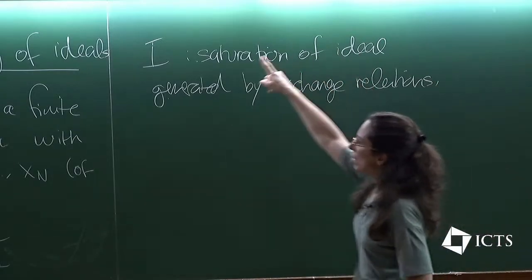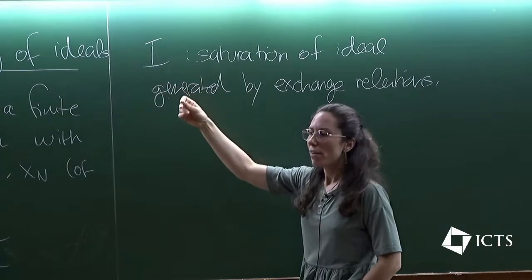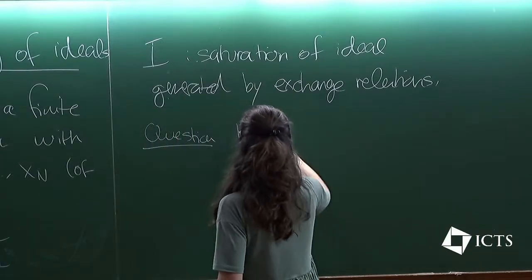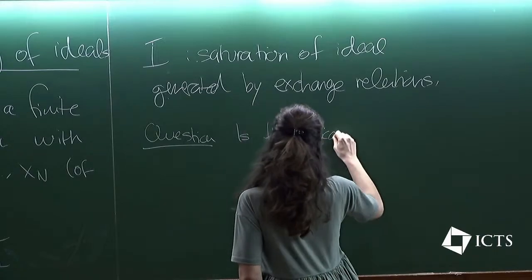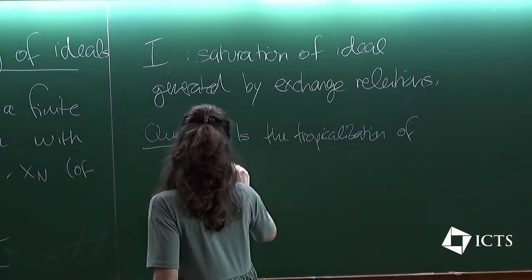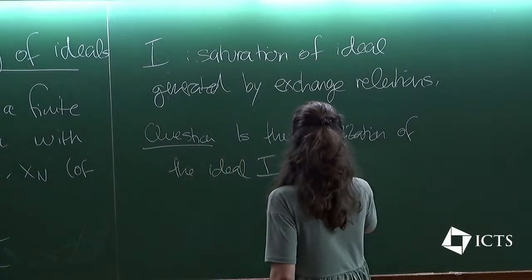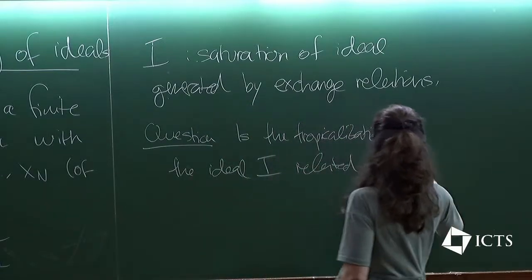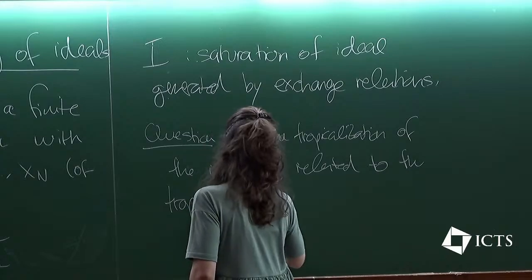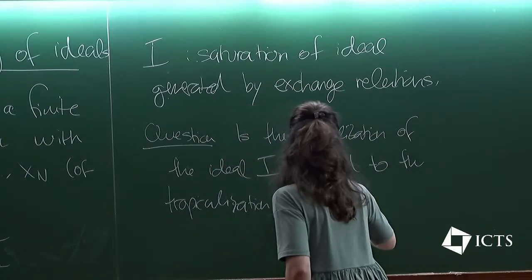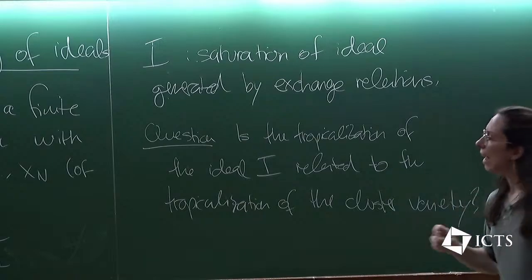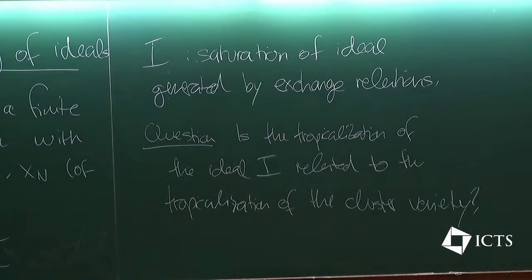And there is a theory of tropicalization of ideals, and a very naive question is: is the tropicalization of the ideal I related to the tropicalization of the cluster variety? And the answer is very nice. It is yes.